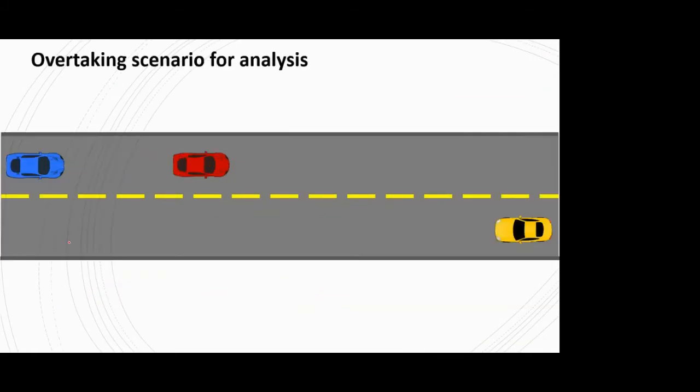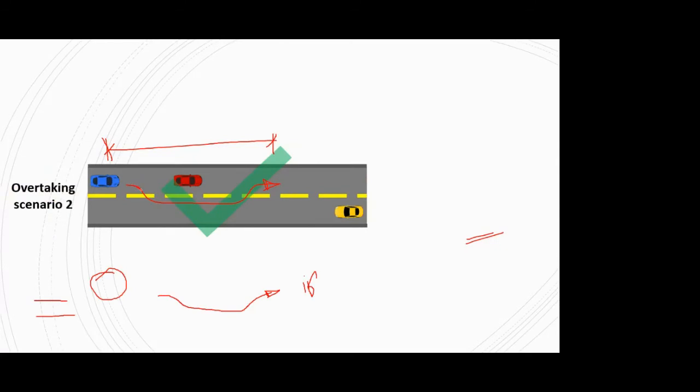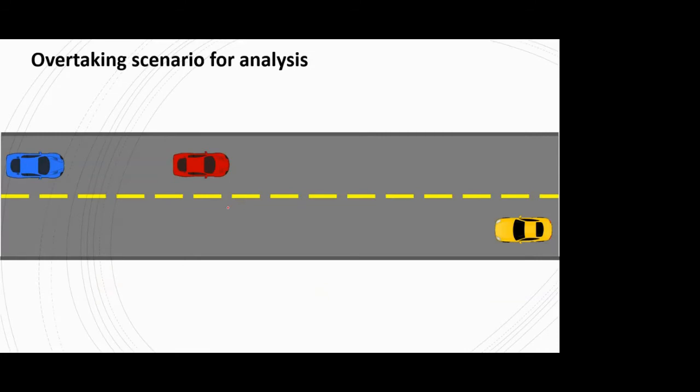So coming to the actual analysis, here I have tried to show you the overtaking operation. I am very sure all of you know that in an overtaking operation, your overtaking vehicle travels such a path. But I have tried to show you, for analysis purposes, how these three vehicles will move.